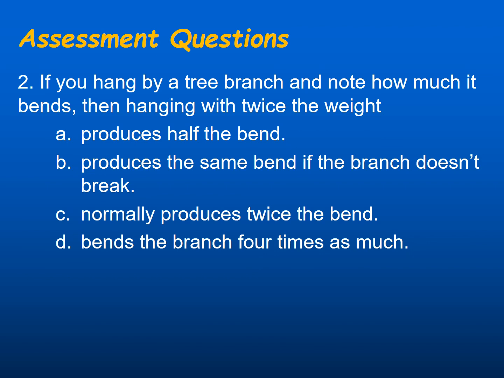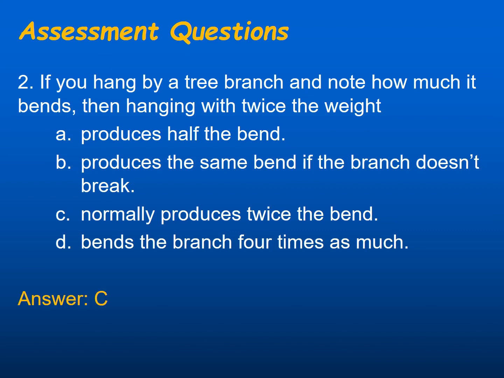Think about it. The answer is C. If you hang from a tree branch and note how much it bends, then if you hang with twice the weight, normally it will produce twice the bend.